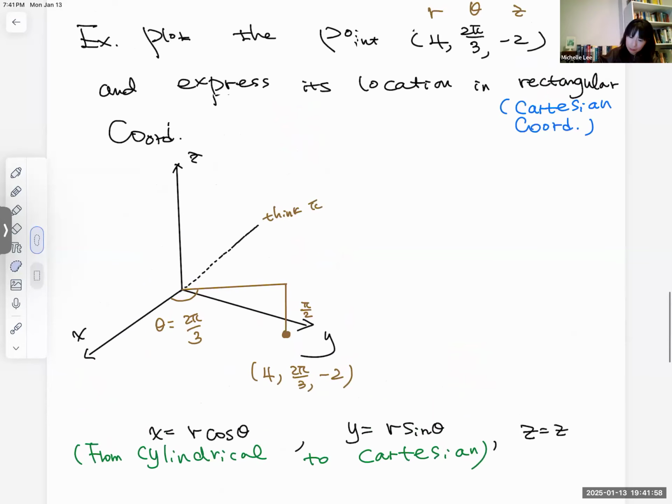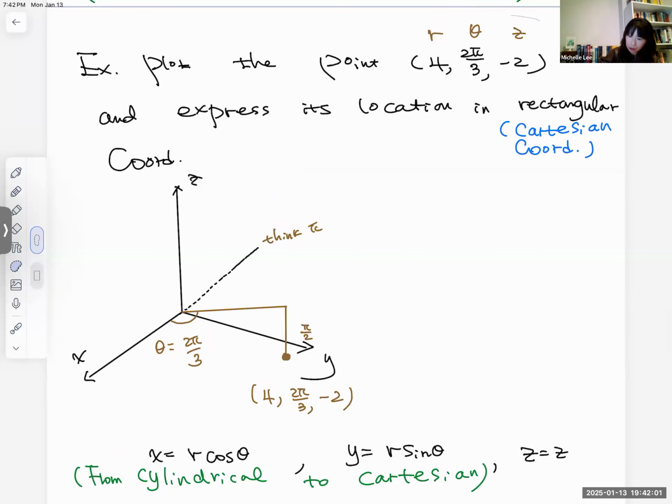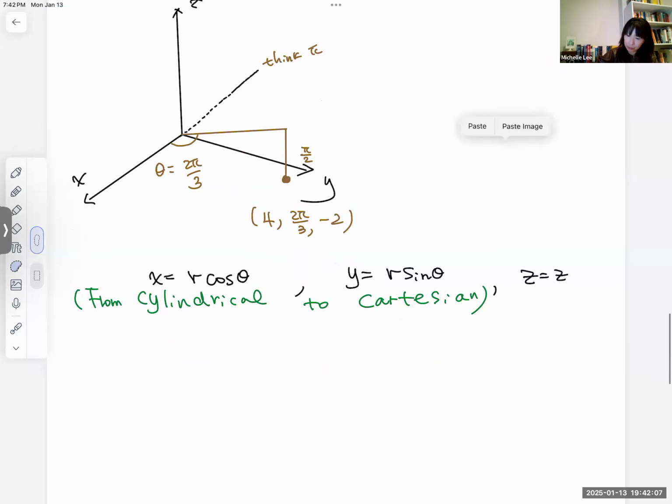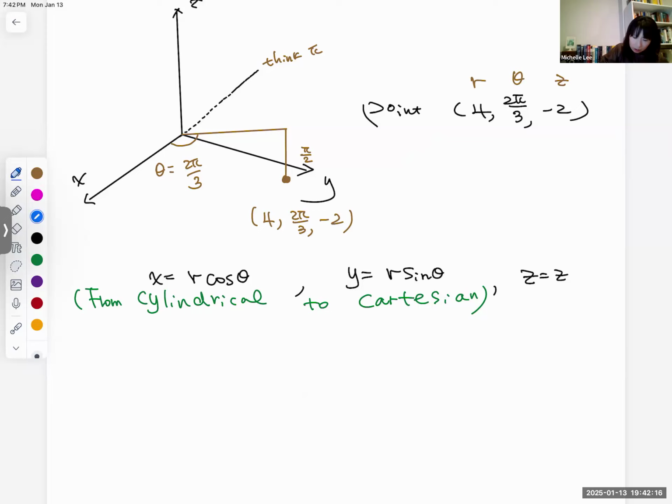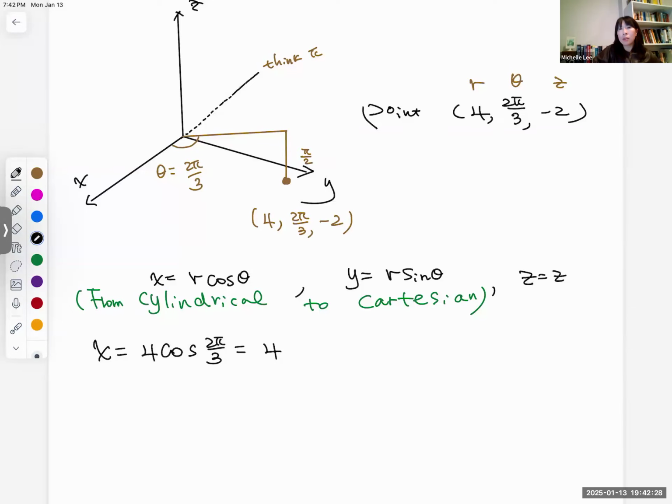So we have this point. All right, x equals r cosine theta, so x equals 4 cosine 2 pi over 3. Can you please think about what cosine 2 pi over 3 is? It's negative 1/2. Very good. So 4 times negative 1/2 equals negative 2. y equals r sine theta.